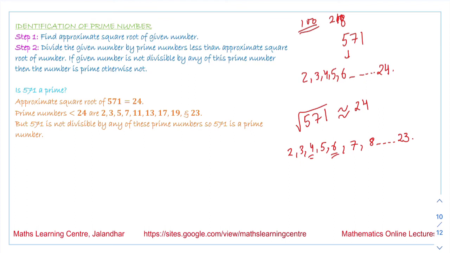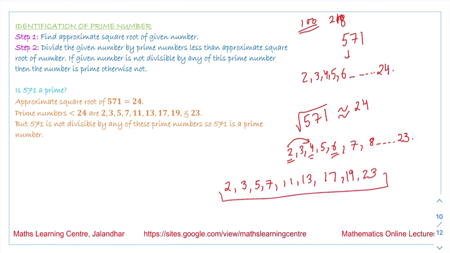Why? Because if it is not divisible by 2, it is not divisible by 4. So we just have to check the divisibility with the prime numbers less than the square root of that number. So we have just to check the divisibility with 2, 3, 5, 7, 11, 13, 17, 19 and 23.